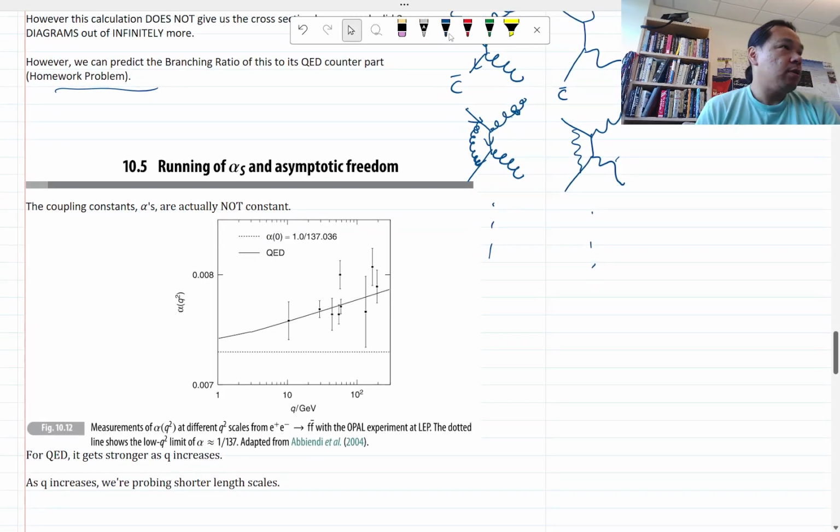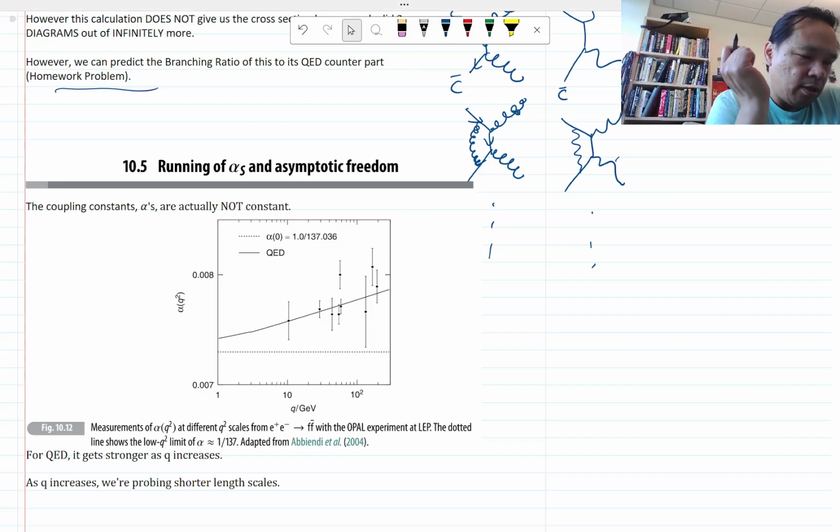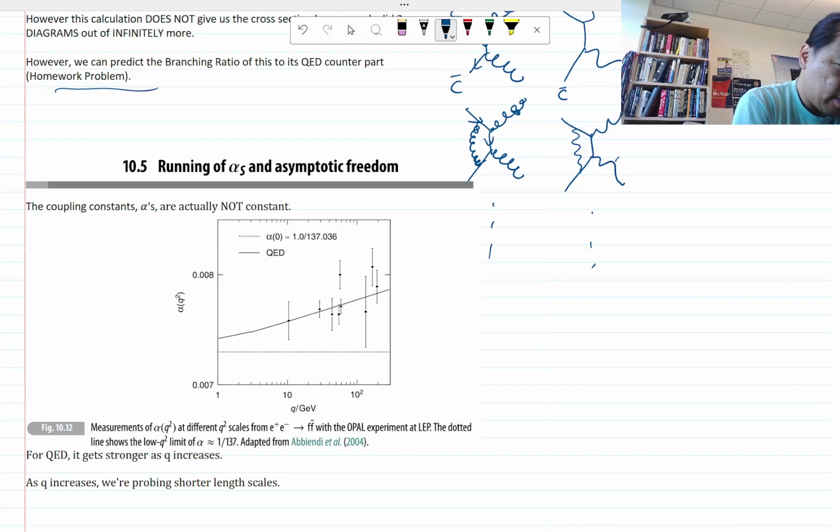All right, as I mentioned in the beginning, I'm also going to talk about the running of the coupling constants. Griffiths covers this in, I think, 9.4 in the first edition and 8.6 in the second edition.